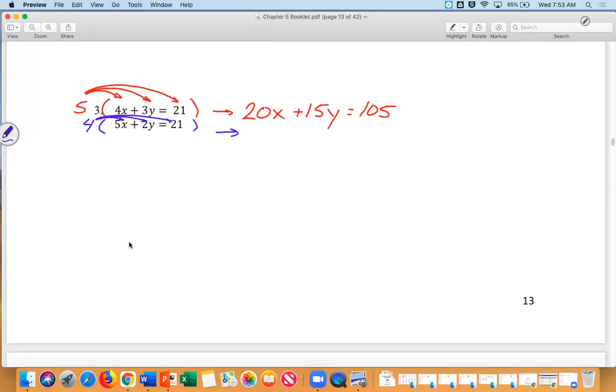That gives me 20x plus 8y equals 84. And now you can see after doing that, the x's are the same.